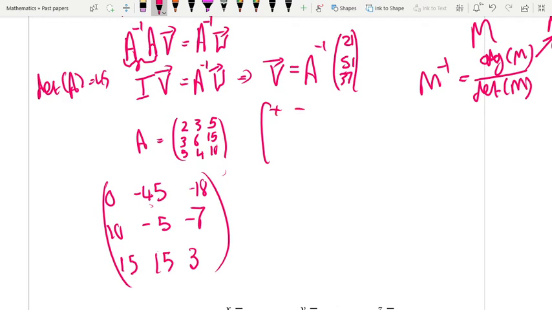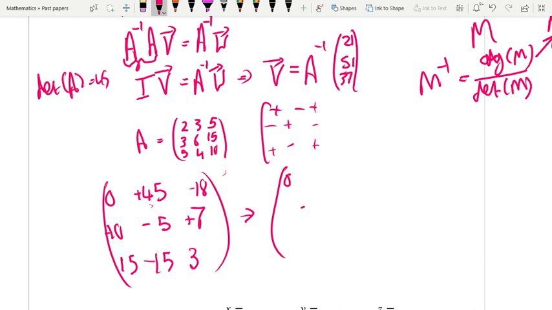We need to apply the following signs, like this. This goes minus here, this goes plus, plus, minus, and that's a minus 10 there. So we have minus on all of these. And now we're going to flip this, we're going to transpose this matrix.